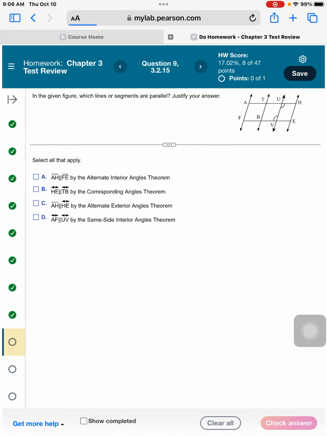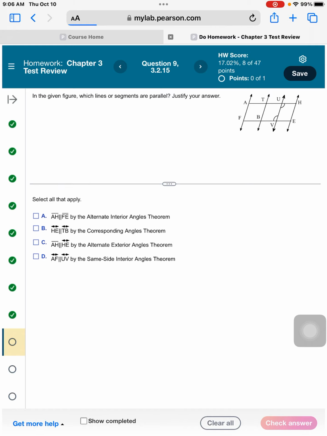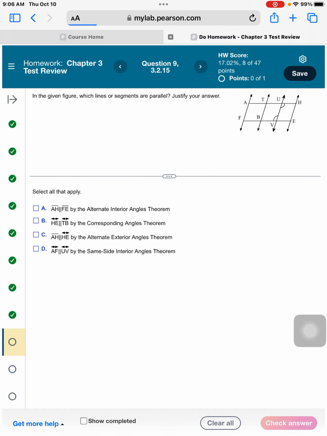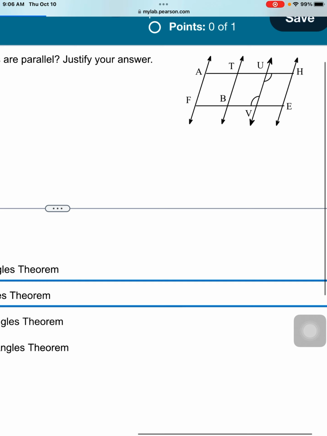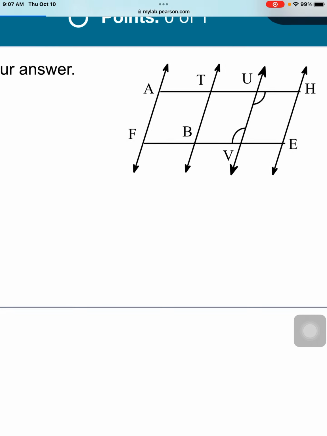Okay, what is this? In the given figure, which lines or segments are parallel? Okay, so once again, guys, in order to know if something's parallel, we need to gather information based on the angles that lie on the what? On the transversal. There are a lot of lines and line segments here, to be honest. But which are the only ones we really care about?